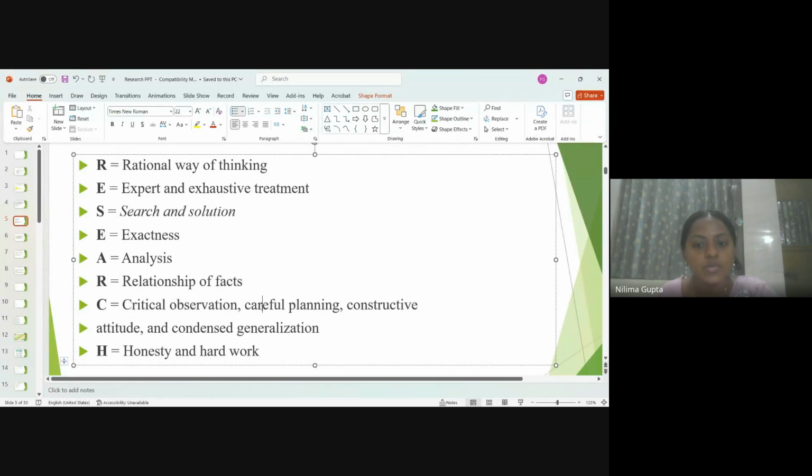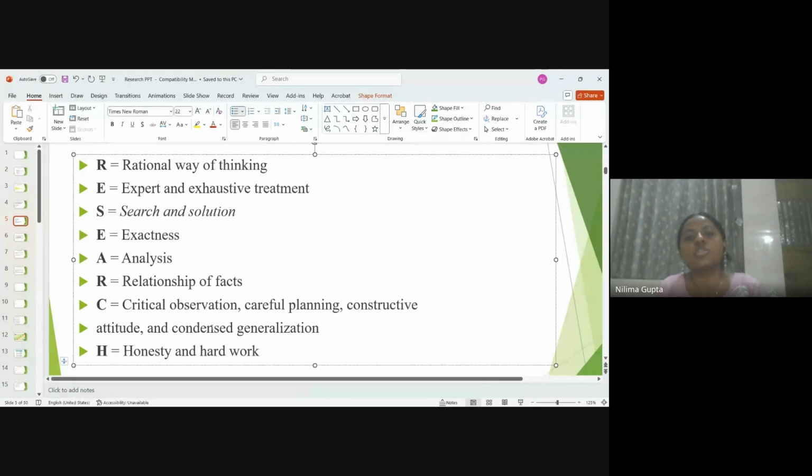Careful planning is done, a constructive attitude is required, and a very condensed generalization. So whenever I'm talking about research, it has to come to a generalization, a conclusion. That is one of the most important things. A research will be considered more reliable and valid. Reliable means something we can depend upon, and we can say that it is a perfect form when it is generalized to mass people.